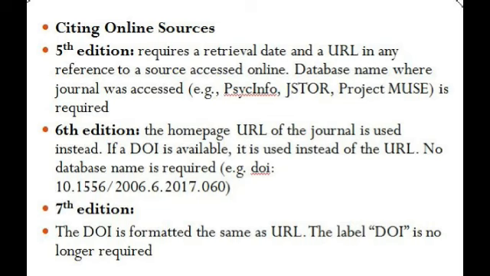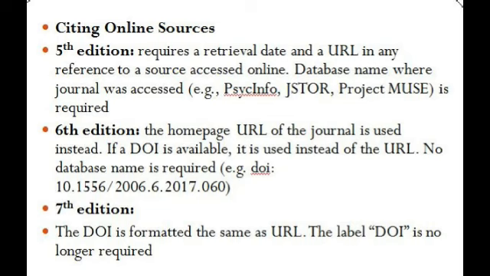APA 5th edition, like previous editions, requires a retrieval date and a URL in any reference to a source accessed online. For instance, for references to online journals, the name of the database where you access the journal is mentioned. It is required. In the APA 6th edition, there are several changes to how online sources are cited in the references. In the APA 6th edition, database names are not included.